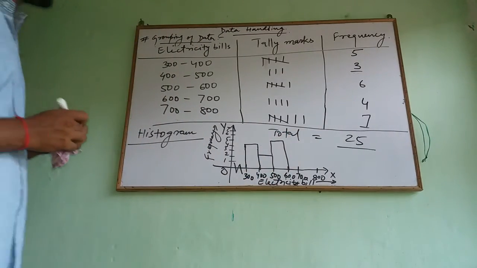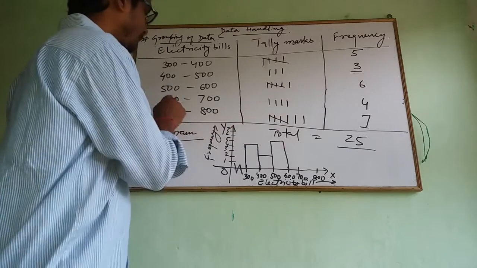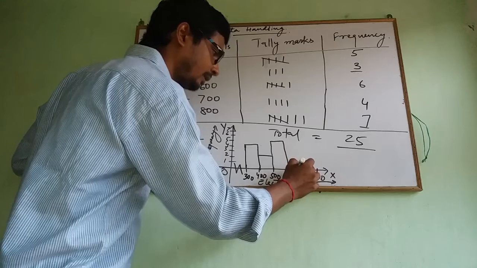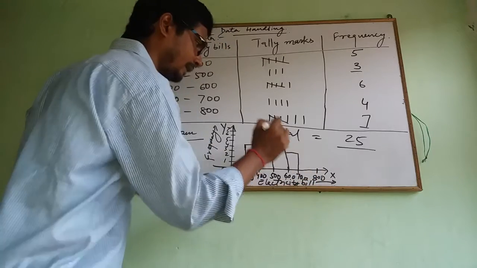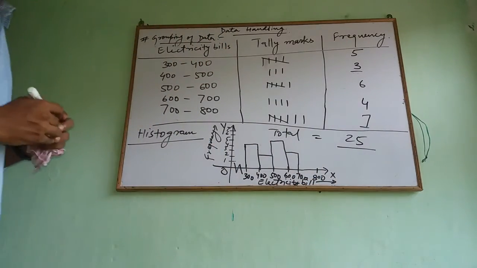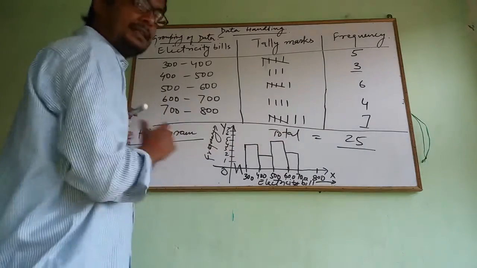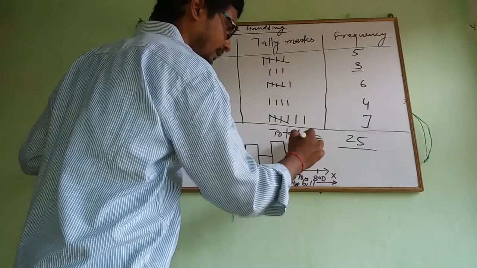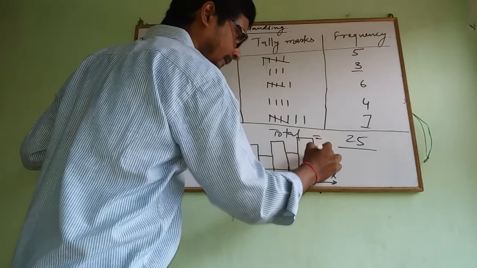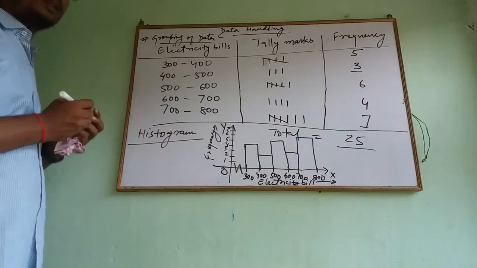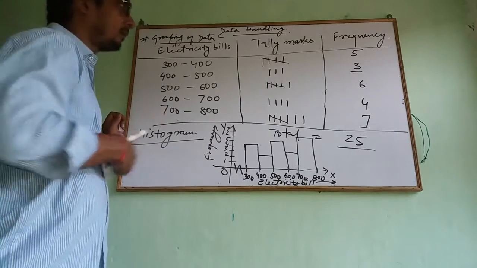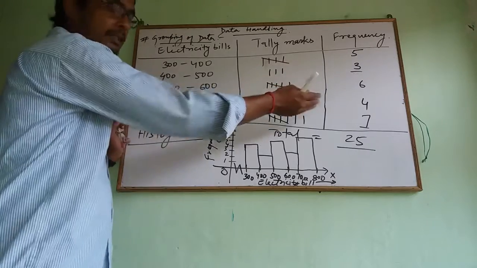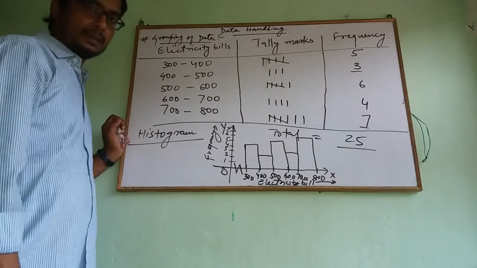From 600 to 700, it is 4. And the last one, from 700 to 800, it is 7. So I have drawn the histogram of the required data using the frequency as well as the class intervals.